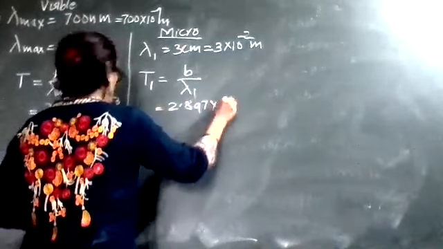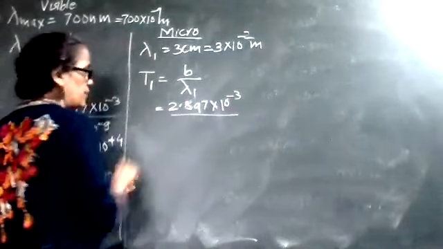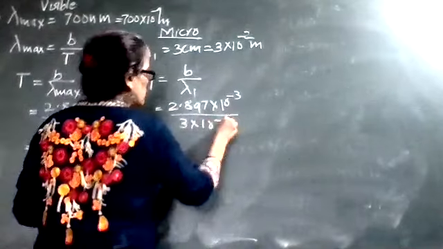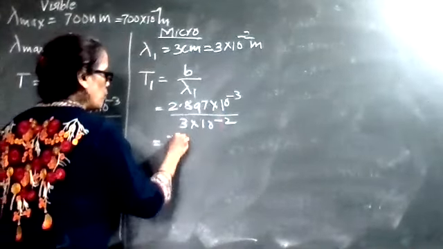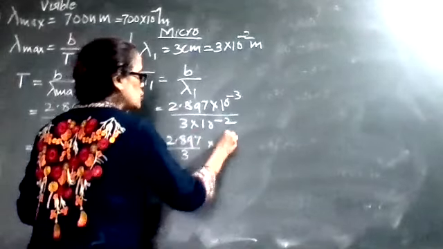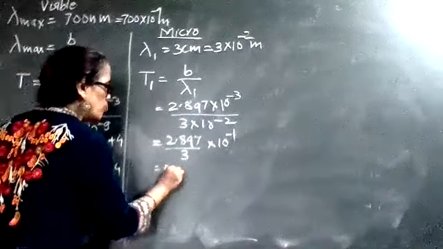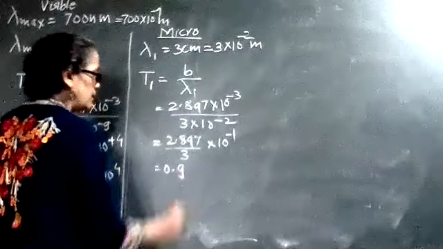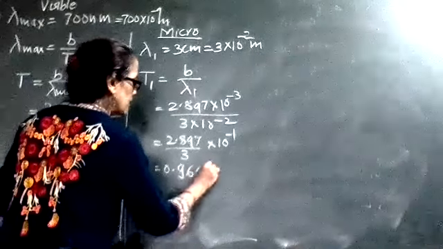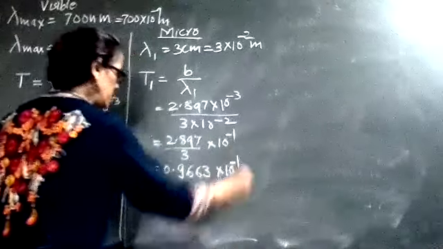2.897 into 10 raised to minus 3 divided by lambda 1 is 3 into 10 raised to minus 2. So 2.897 upon 3 into 10 raised to minus 2. So I'll do this calculation. 0.9663 into 10 raised to minus 2.